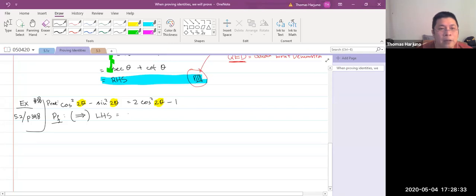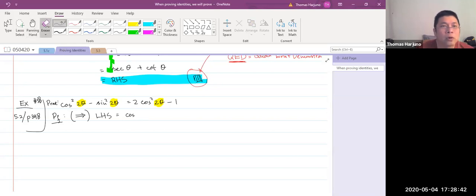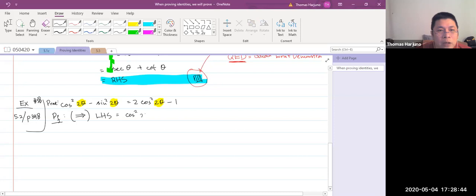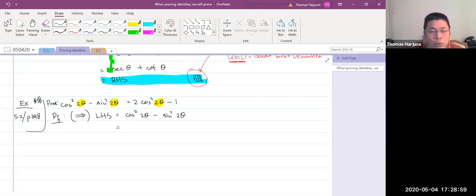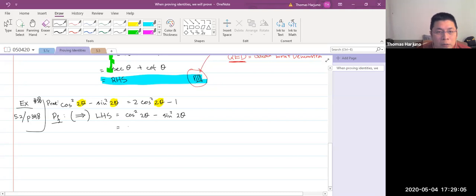My left hand side is cosine squared 2 theta minus sine squared 2 theta, which should be equal to that. Now from here, think about one identity that you can use to get to the right hand side. One thing I know is that sine squared 2 theta is 1 minus cosine squared 2 theta.